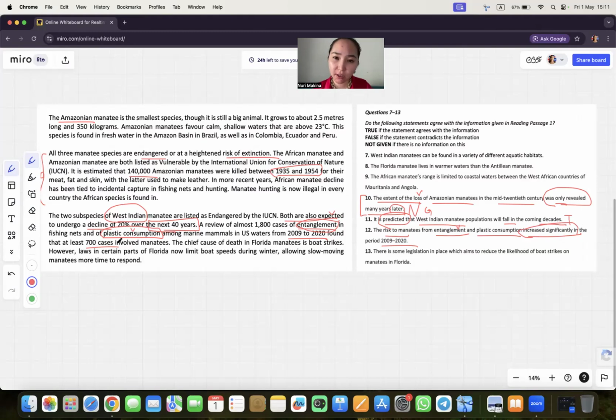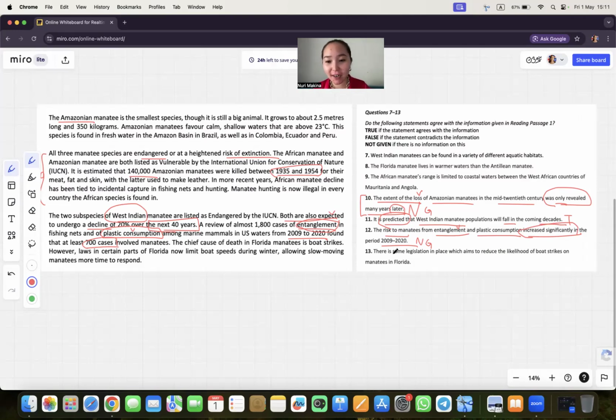So as you can see here, we don't have any comparison. We don't know how this number of manatees compares, were they stable or did they drop. But yes, we have increased significantly, but we just have the number of 700 cases involving manatees. So the answer is again not given. We don't have the comparison, so not given.